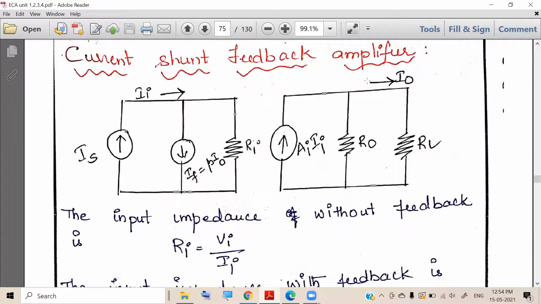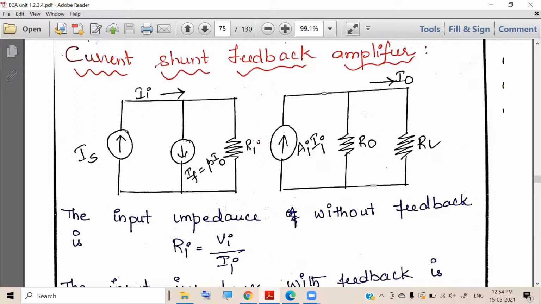So the current here we can now represent in terms of AII and this current. What will be the current through R naught? If the output voltage is V naught, we can use Ohm's law.